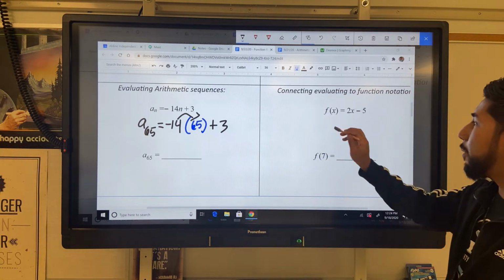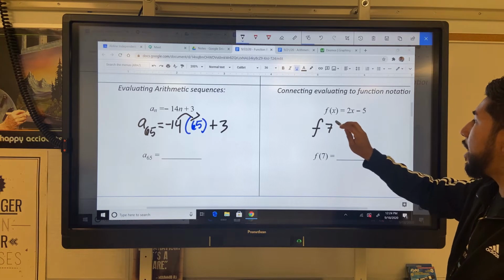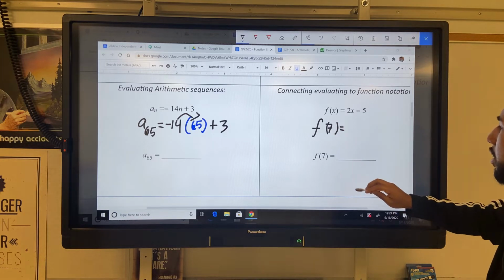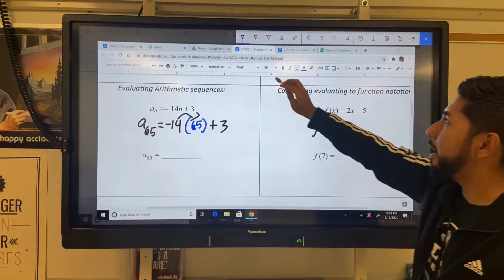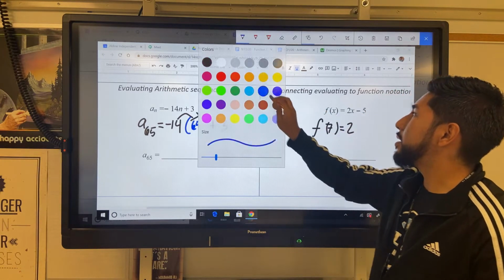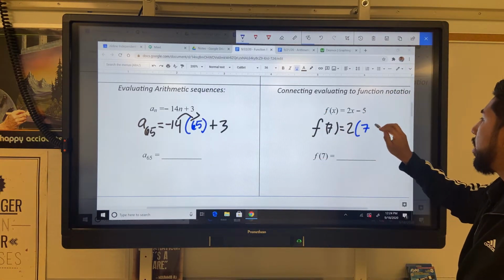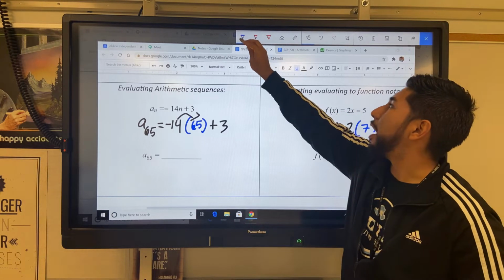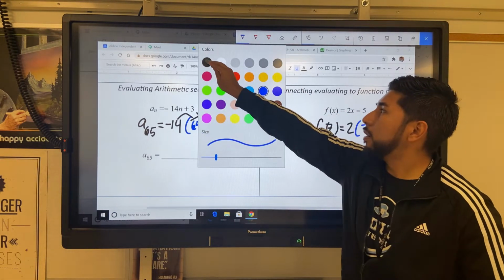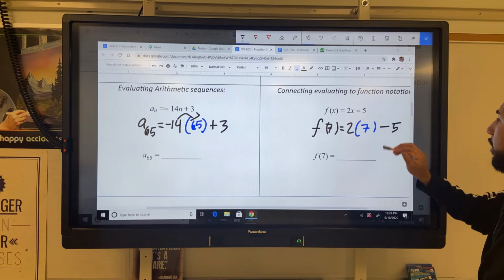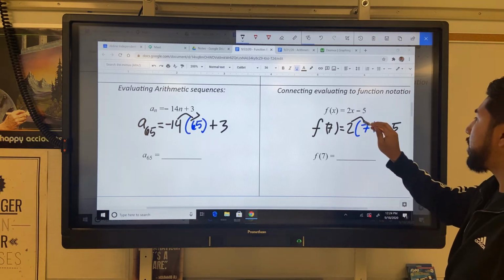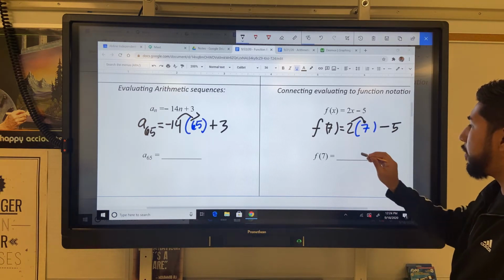Same thing over here, we have f of x equals 2x minus 5, and we want f of 7. We use a 7 instead of the x, and then we have the -5. 2 times 7 is 14, minus 5, which is 9.